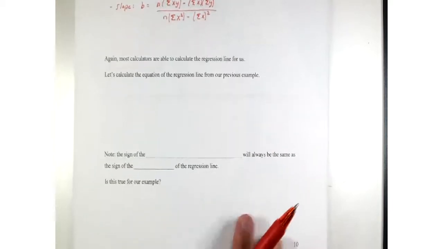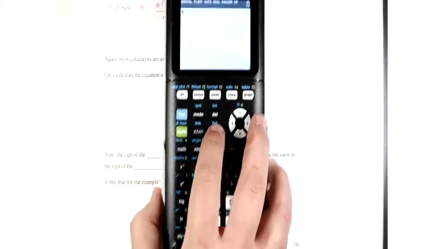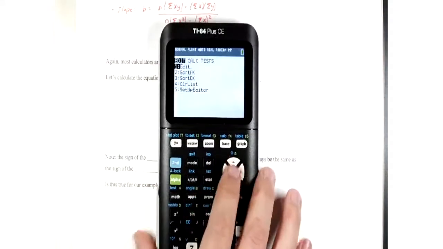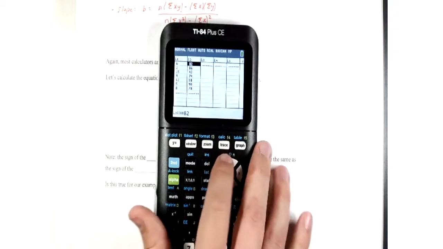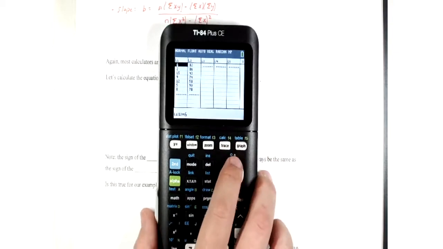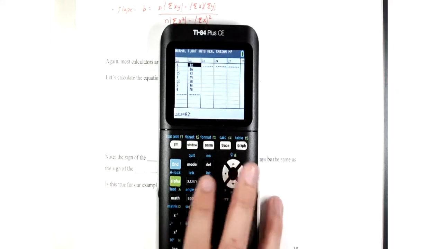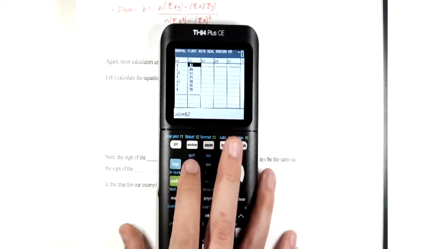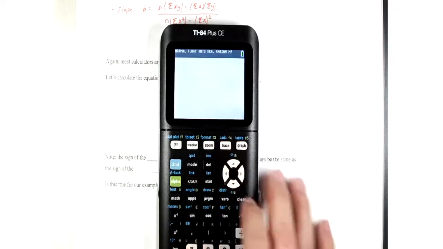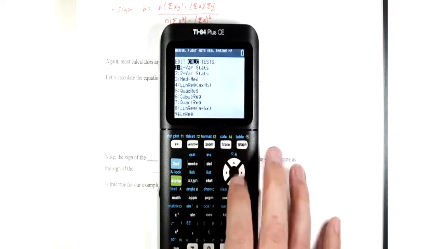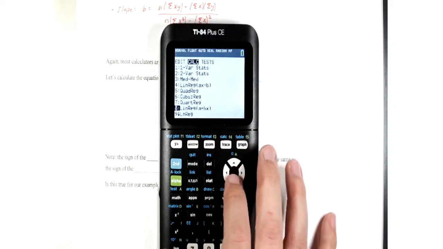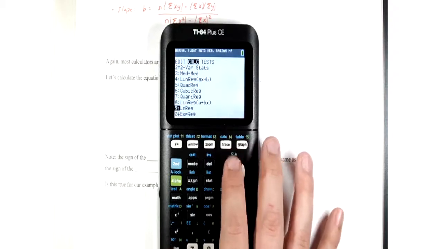So the way you do it in your calculator, so how we had it earlier was, we had our number of absences in L1. We had the corresponding final grades in L2. So then I'm going to go back to the home screen, hit stat.